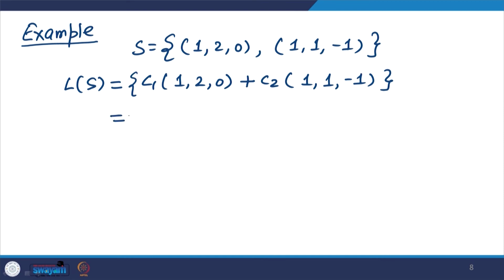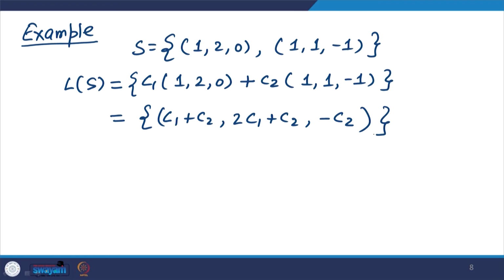So, what is this? I am having C 1 plus C 2, 2 C 1 plus C 2, minus C 2. Okay. So, this is the linear span of this set.